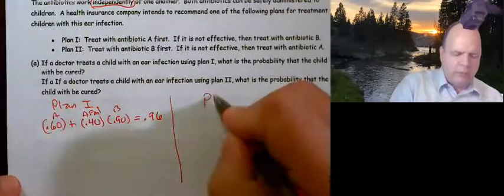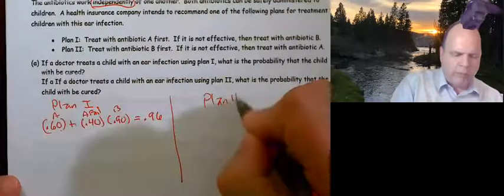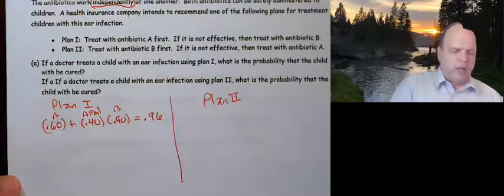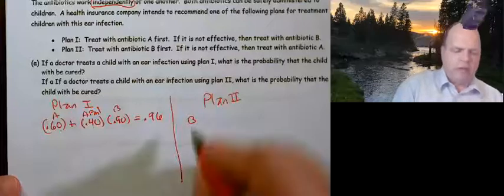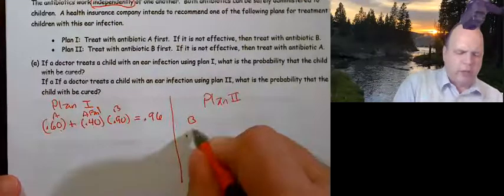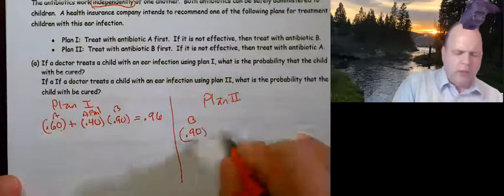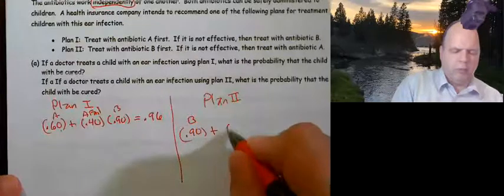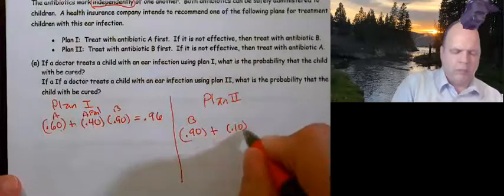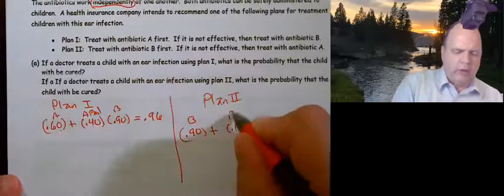Plan two. All right, now we're starting with drug B. Well, drug B has a 90% chance of success. But we know it sometimes fails. It fails 10% of the time. So this is a B fail.